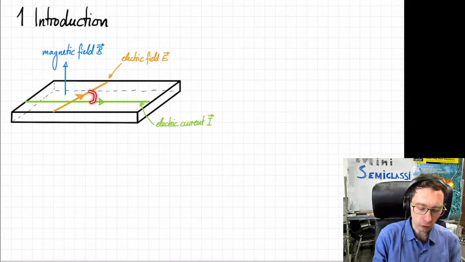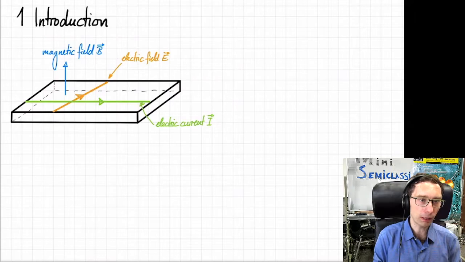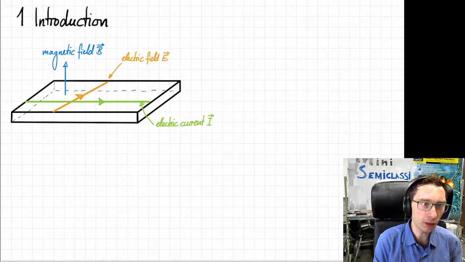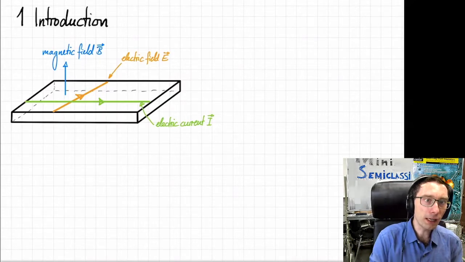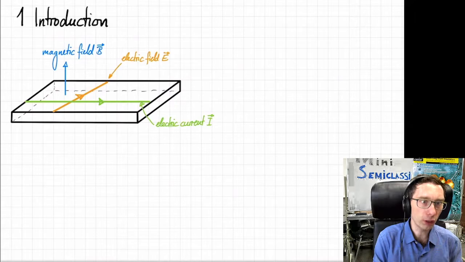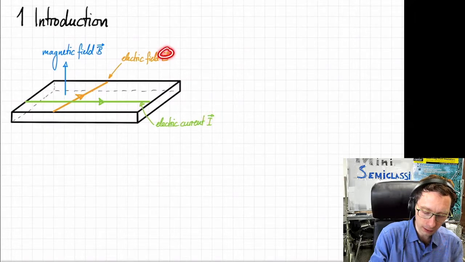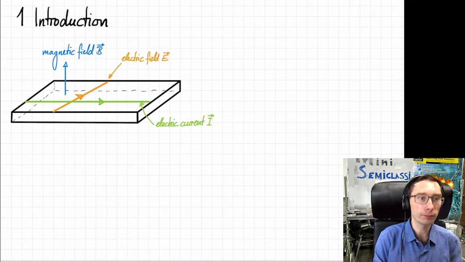Here, just for pedagogical purposes, I've drawn a situation where the two are almost orthogonal to one another. This is a bit of an exaggeration to make it easier to see that the applied electric field and the measured current need not be parallel. These are really vectorial quantities, as indicated by the little arrows on top.